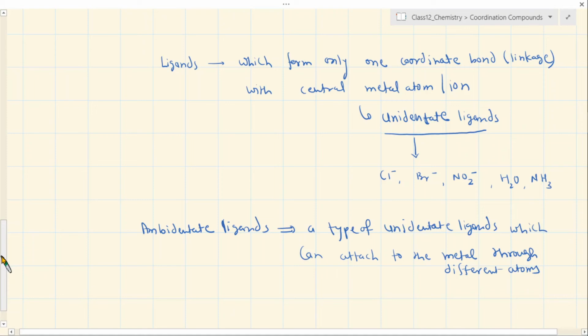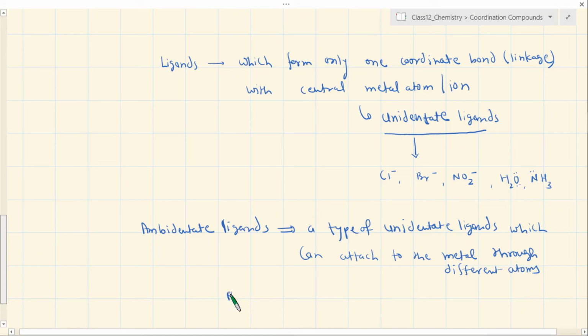For example, you can see that chlorine just by itself has only one type of atom which will attach to the metal. In case of water also, we know it is the oxygen only which will form the attaching side. In case of ammonia, it is only the nitrogen which will form the attaching side, correct? But look at a molecule like NO2.